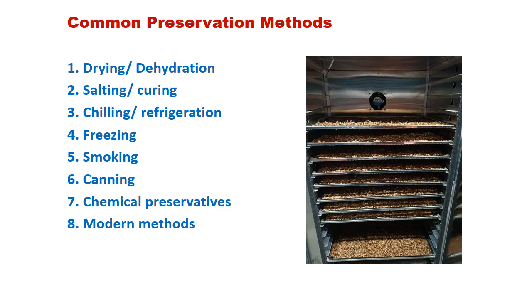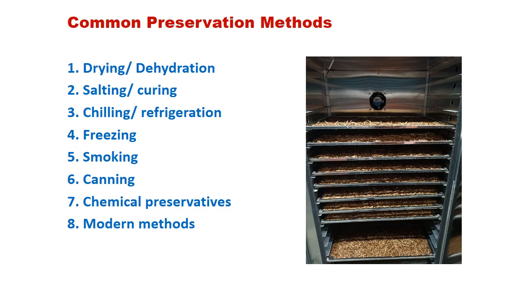The different methods based on those principles are, first, drying or dehydration, that is, by removing the moisture. The second is salting, or curing in modern terms. Here the salt is applied, which makes the moisture unavailable for microbial growth. Then there is temperature control, chilling or freezing, which we will discuss separately. Both salting and chilling we will discuss in separate lectures.